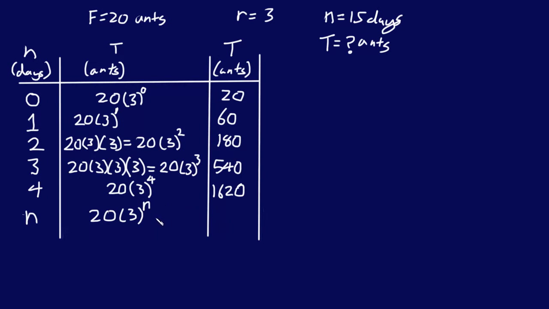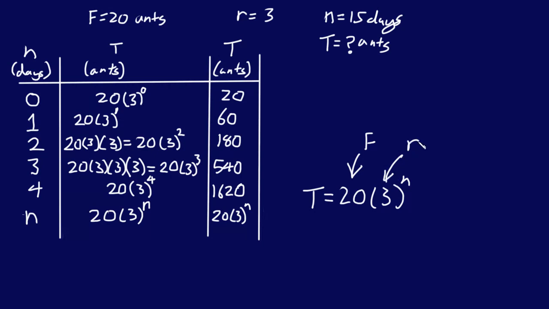And so then t is equal to 20 times 3 to the nth power. So our general equation would be t is equal to 20 times 3 to the nth power. And what is 20? Well, this is our start value, and then this is our common ratio.